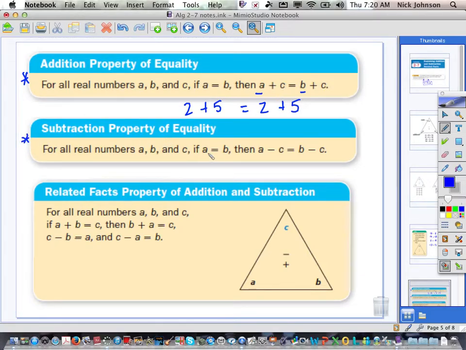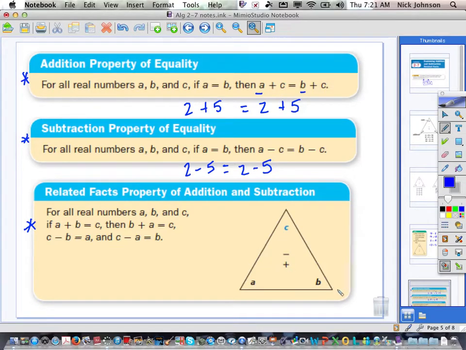Subtraction property. This basically says the same thing. If I subtract 5 from both sides, does it give me the same thing? Yes. It changes it a little bit, but if you subtract 5 from both sides, you're still balancing out your scale. Okay? And then this is our related facts property. This is where you got all 4 of those things.